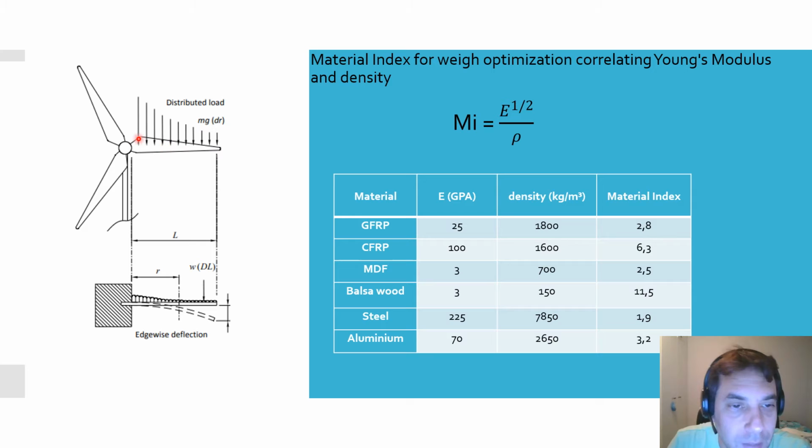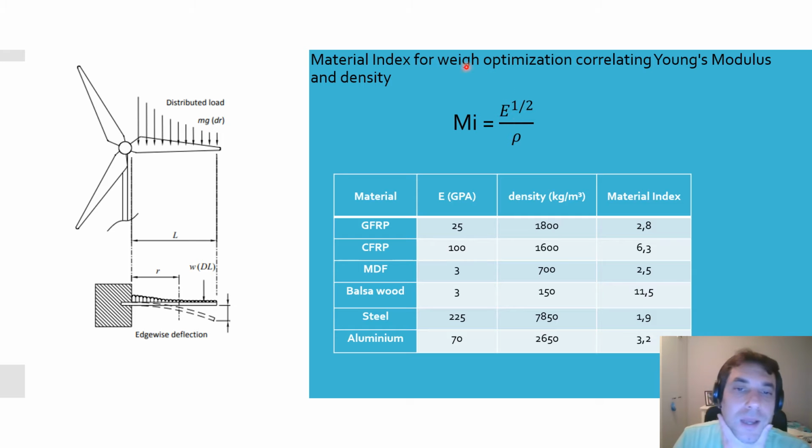It means the self-weight of the blade will act as a cantilever beam, so we will get deflection here. So the material that we select, combined with the shape, must withstand the weight and not get so much deflection. So strength is also an important issue here.